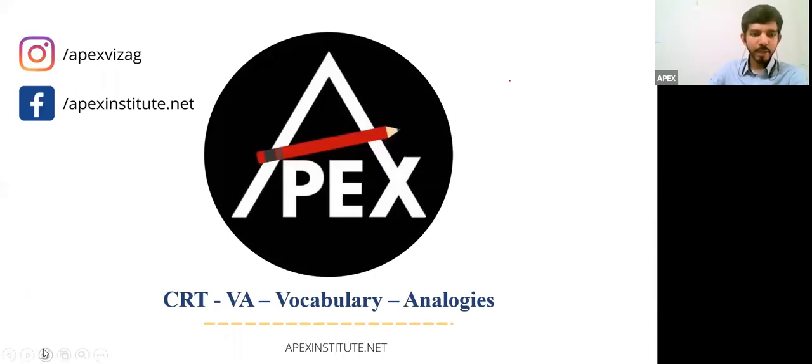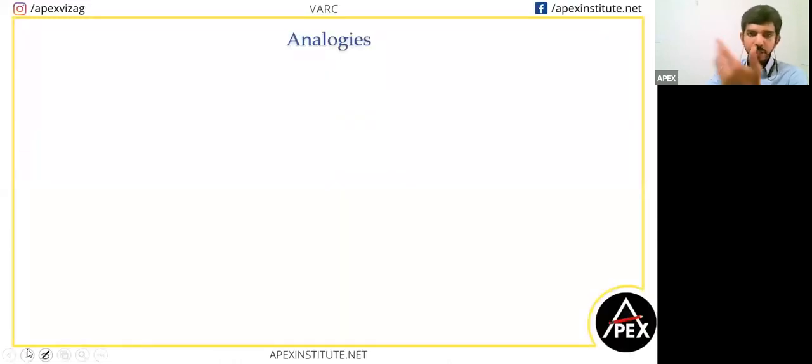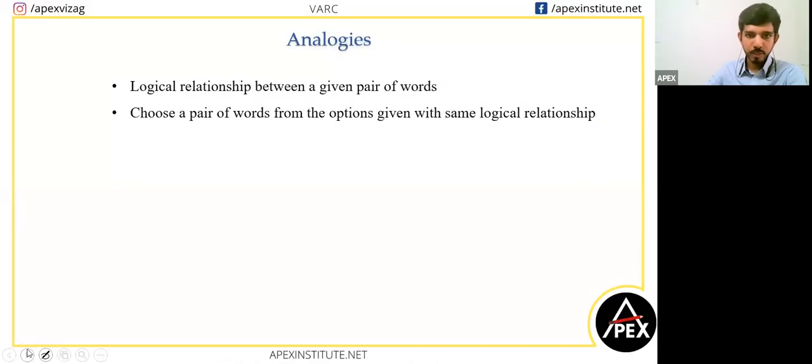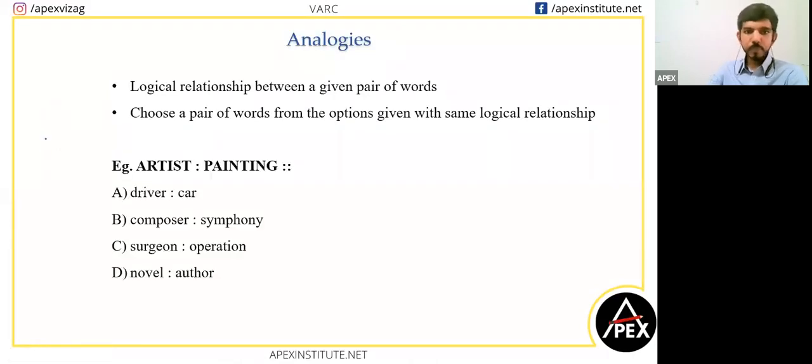So let's just go directly into an example. We can try to solve it and then we'll solve it together. Okay, and you'll get a look at what analogies is. What do you think the answer can be in this question?